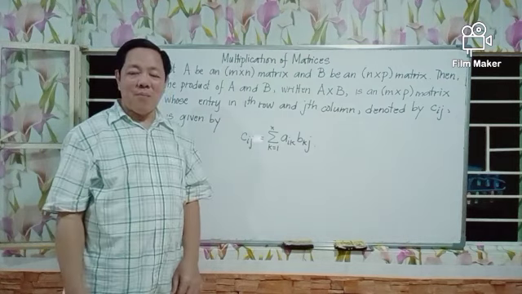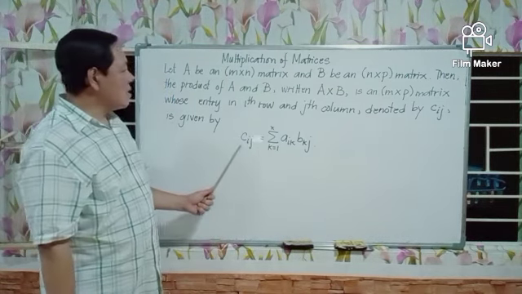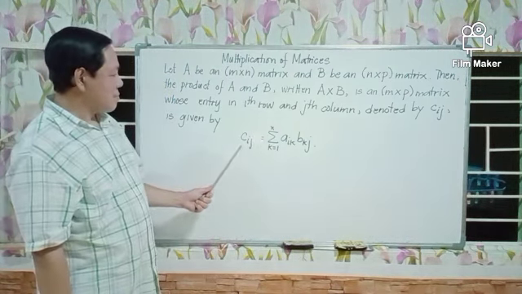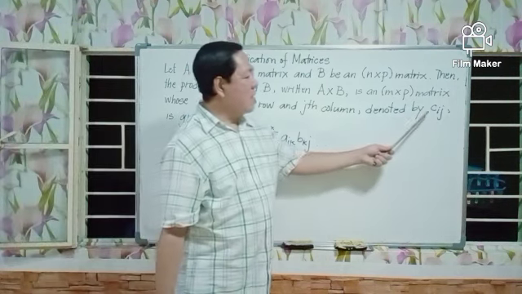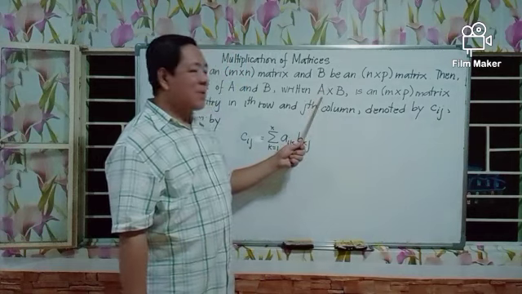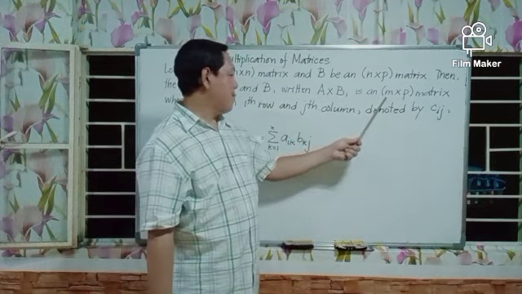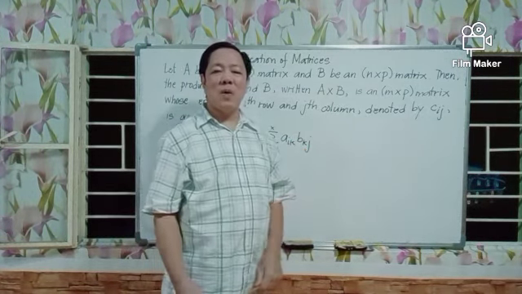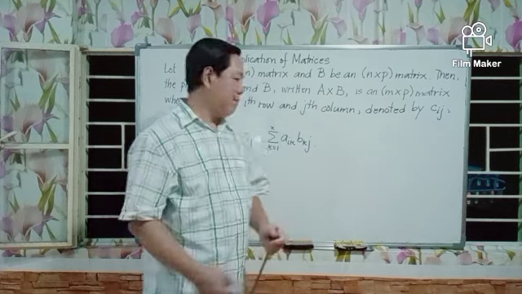We take an example. I here is the row number, and the number of rows of the product AB is m. Therefore, I is from 1 to m.